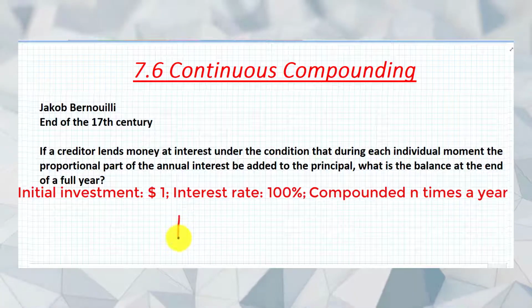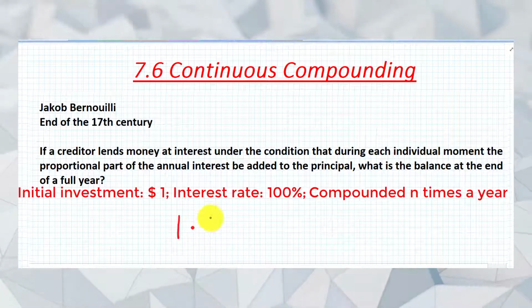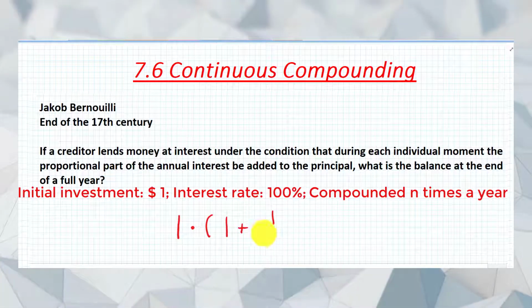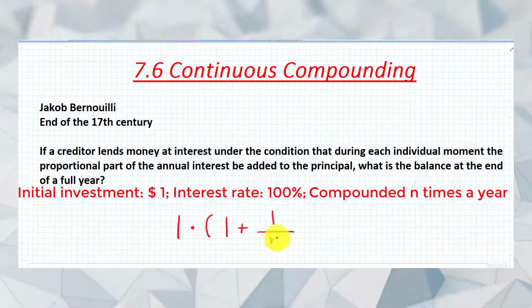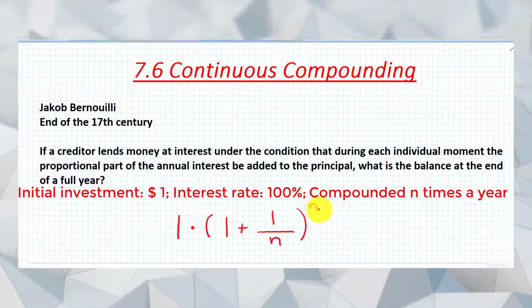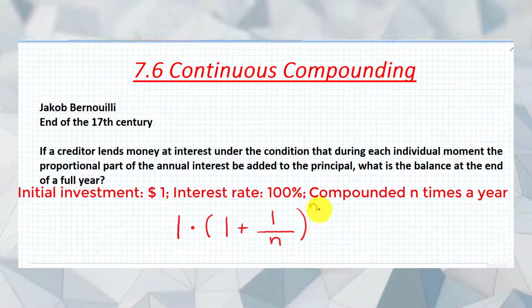So the formula is the initial amount, $1, times 1 plus interest rate, which is 100%, that's 1, divided by n times a year, to the power of n. We're looking at the value at the end of the first year.